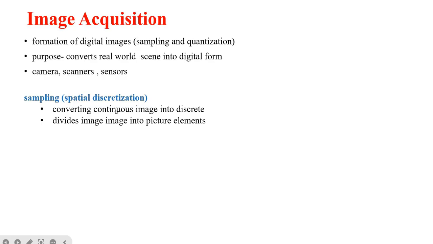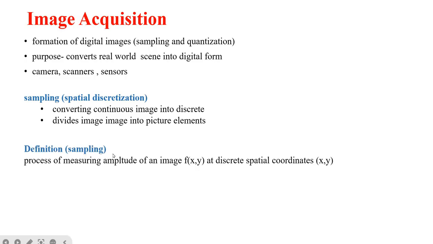It is a process of converting a continuous image, which will be in analog form, into a discrete image by dividing it into picture elements, that is, into a finite number of pixels. And here each pixel represents a specific location x comma y in the image.